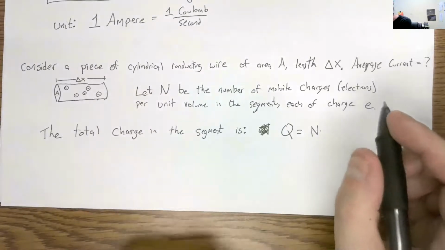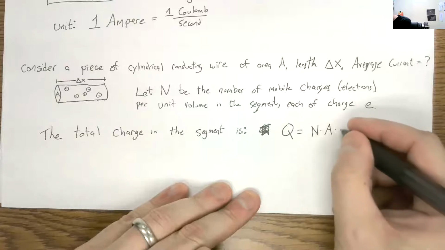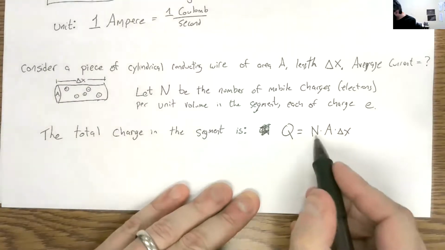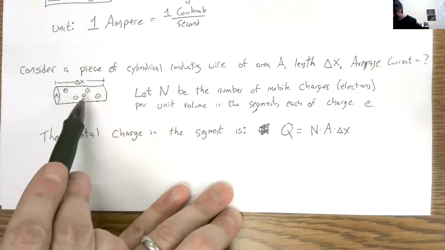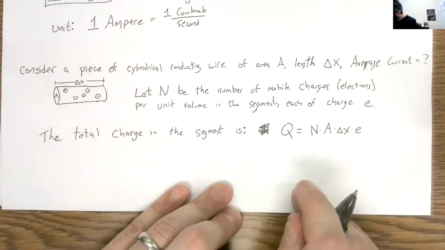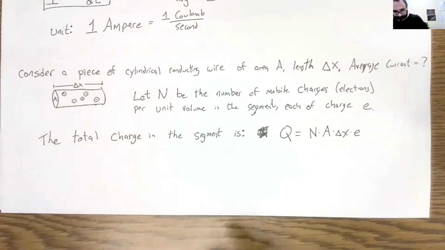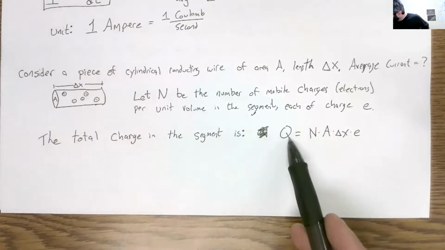So N times area times delta X, that's the number of electrons in the wire right now. And then times the charge for each electron, which is E. So this would give us the total charge in the wire at any time.